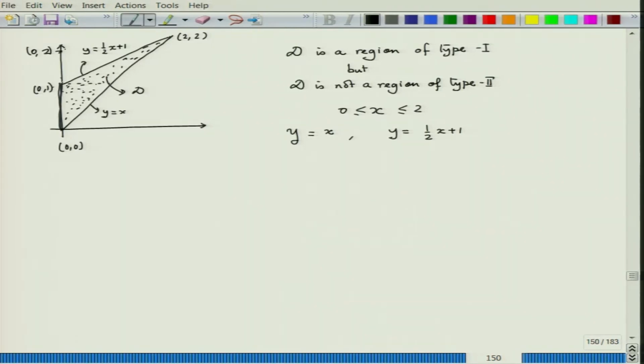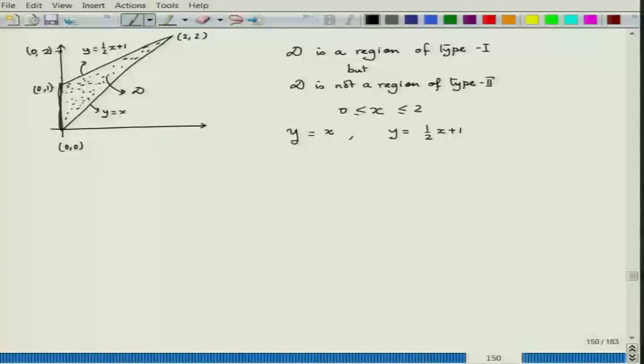But when I am coming from here to here, the domain has to be thought of in terms of x equal to 0 and this curve. So, there are two different regions that have to be posed. It can be done in terms of those things also. First integrate over this part and then integrate over that part.